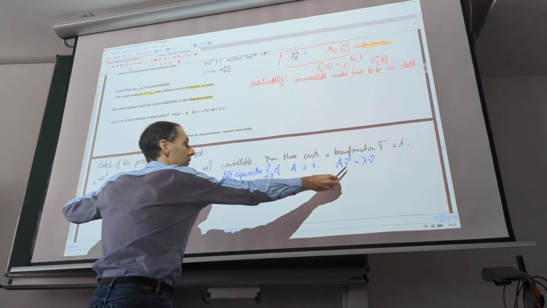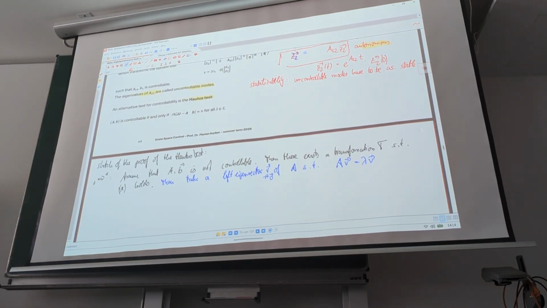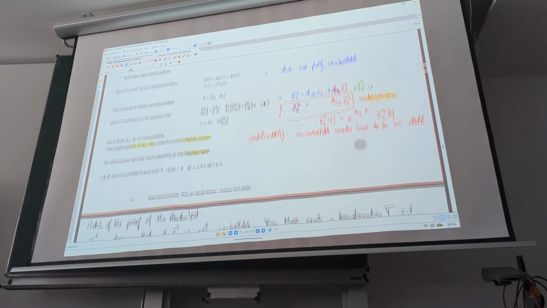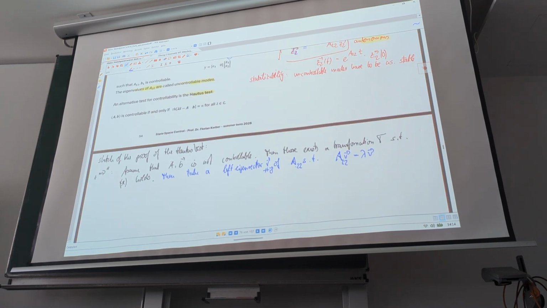The first part of this vector is 0 and the second part is v. If we do that, then the rank drops for the whole thing, as we will see. And this should be an eigenvalue of A22.